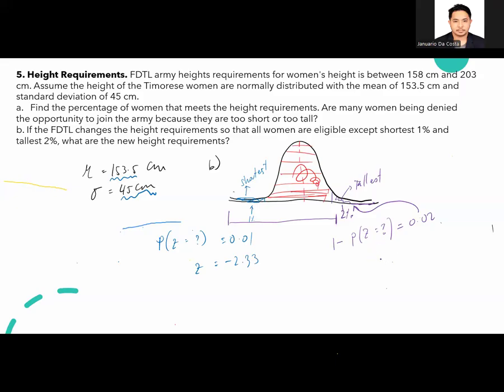So what is the area? What is the z value? The probability of the unknown z value is equal to 1 minus 0.02, which is 0.98. So what is the z value corresponding to 0.98?